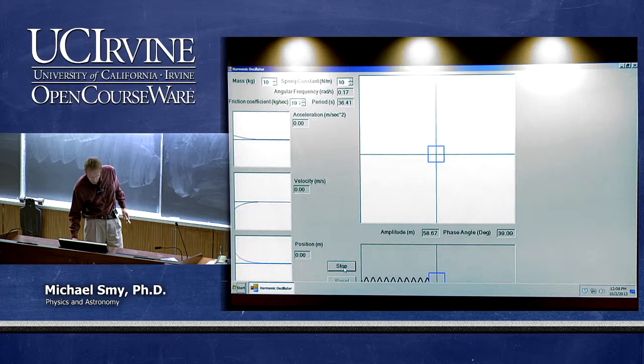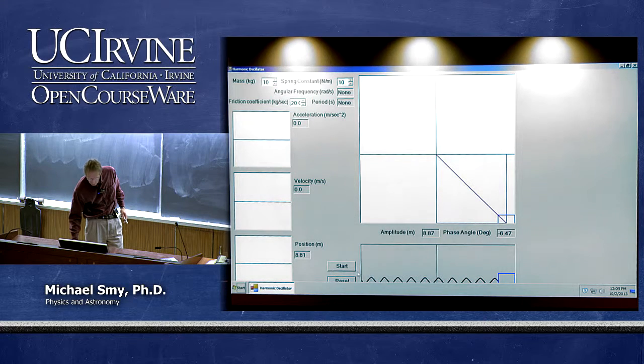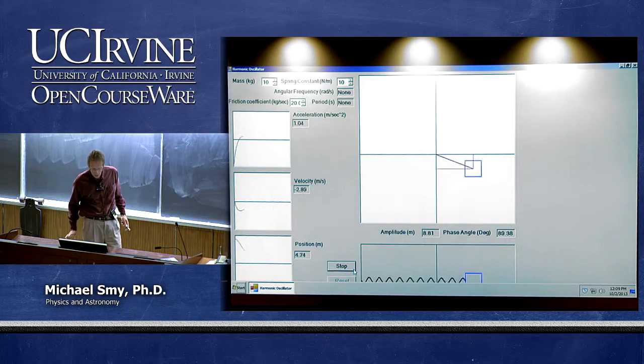There's actually still a little bit of periodicity in here, but you can basically already not see it anymore. And if I go to a friction coefficient of 20 kilograms per second, then there's not going to be any oscillations left.